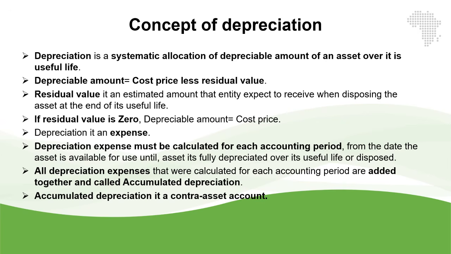Maybe just to simplify this, when you buy property, plant, and equipment, for example, a machinery, as you use that machinery, let's say you bought it for 50,000 Rand, and the expectation is that you're going to use this machinery for the next 5 years, so the useful life of this machinery is 5 years.